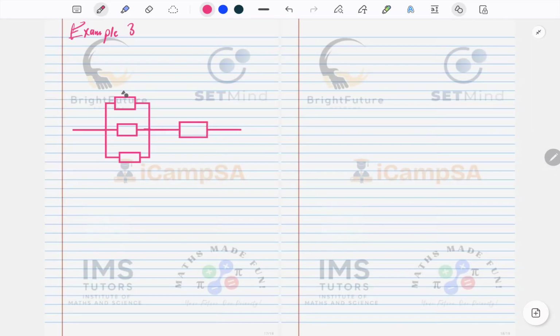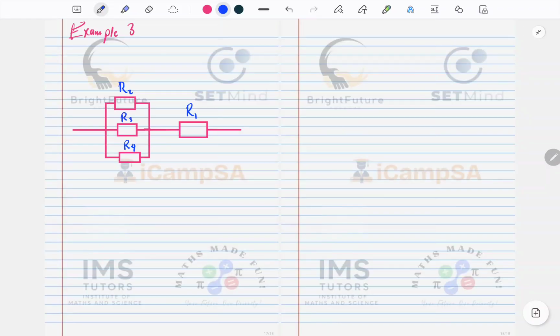This can be R1, R2, R3, R4. Now you have two things, but these shouldn't confuse you. You just divide and conquer.